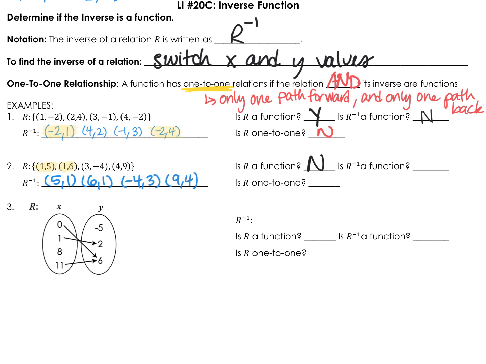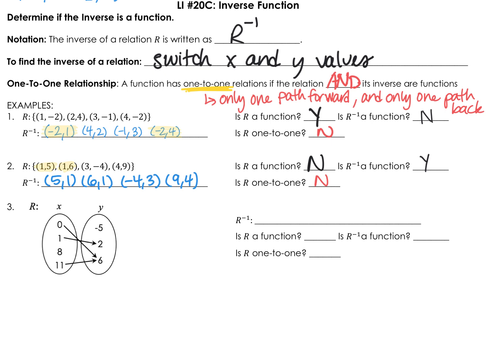Every x goes to only one y. Yes. The original, R, was not a function. Our inverse was. Is it one-to-one? No, it has to be yes for both. Because you had one path back, but you do not have one path forward. So far we're a no for both.